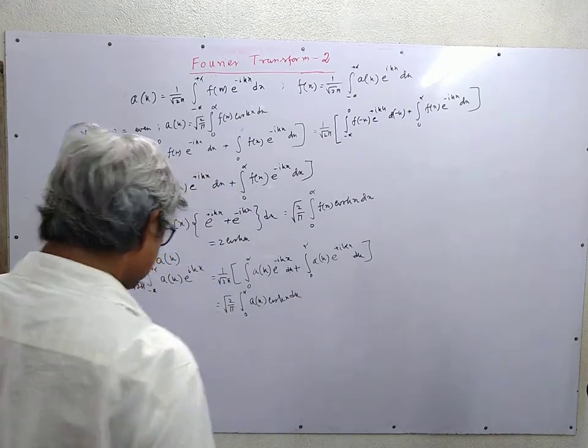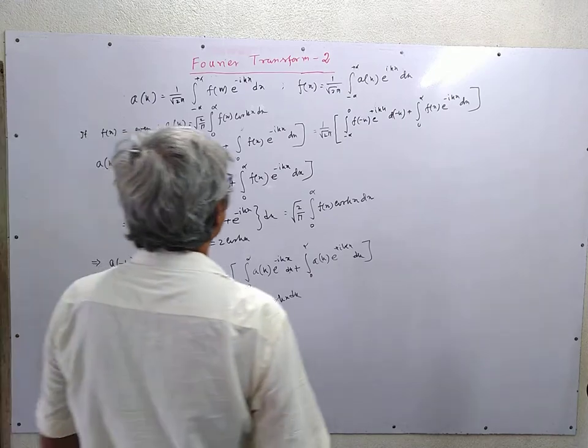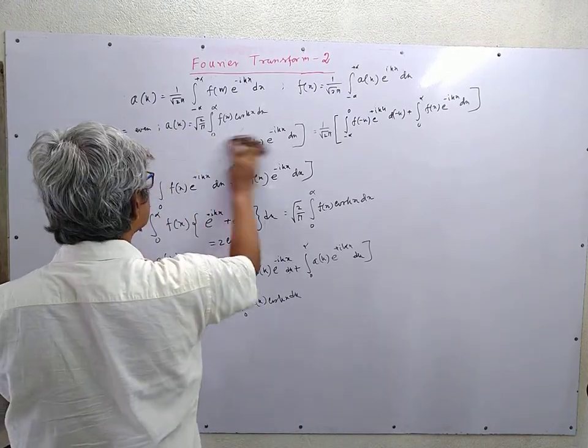This is the Fourier transform for an even function.